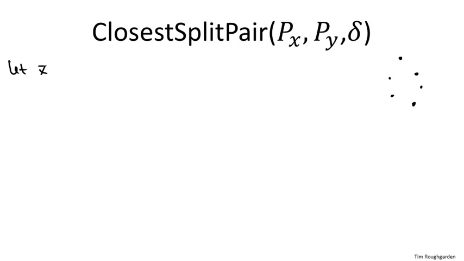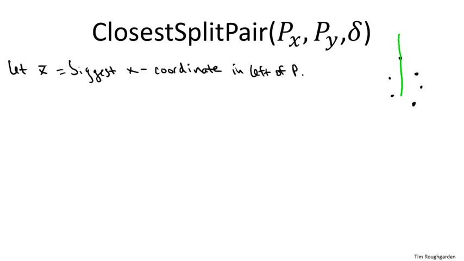That is, in the sorted version of the points by x-coordinate, we look at the n over 2th smallest x-coordinate. In this example where we have 6 points, all this means is we imagine drawing a line at the third point. So that's going to be x bar, the x-coordinate of the third point from the left. Now, since we're passed as input a copy of the points sorted by x-coordinate, we can figure out what x bar is in constant time, just by accessing the relevant entry of the array Px.